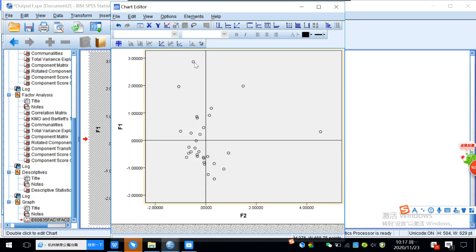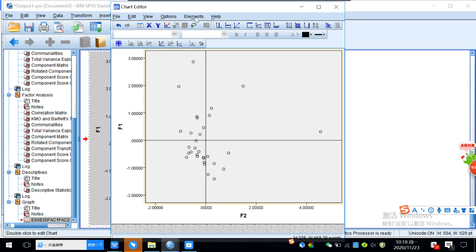And some of them, for example this area, the F1 is very high, but F2 is less than the average level. So it's unbalanced.